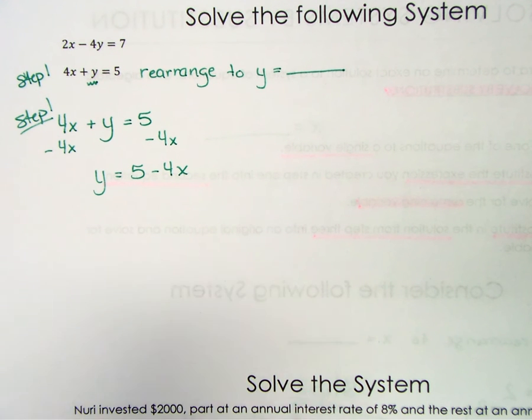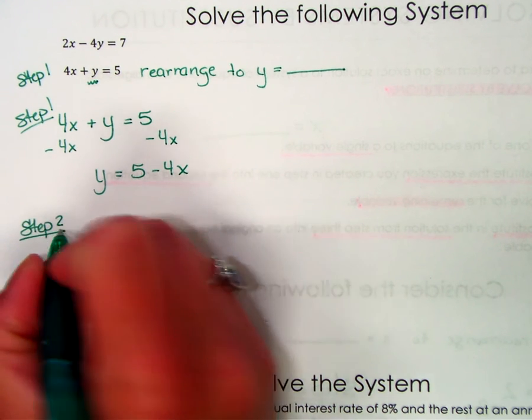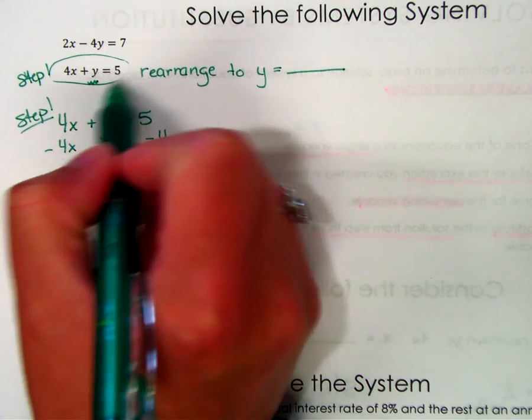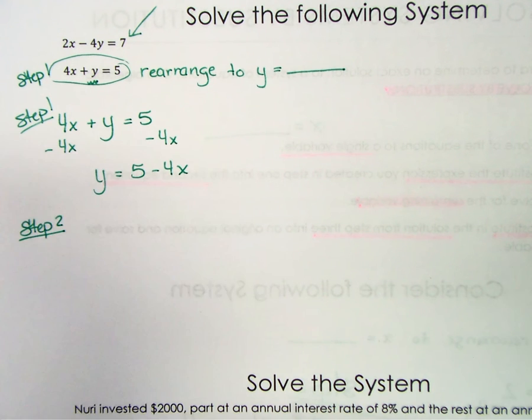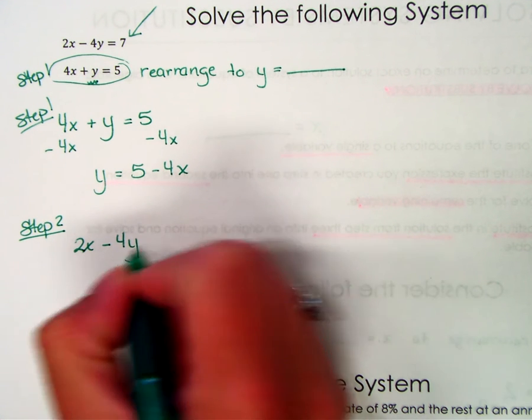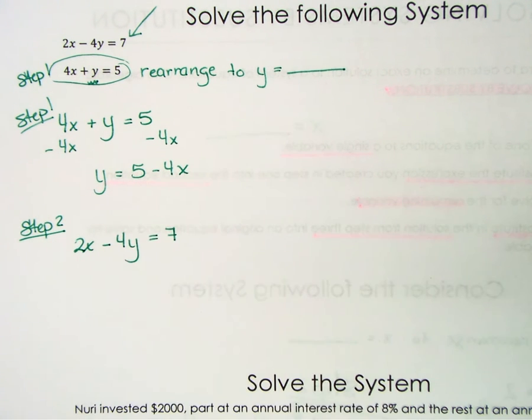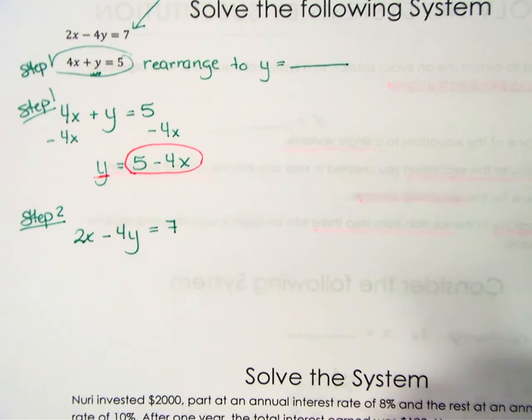Okay, so step 2 involves the other equation. So if you rearrange this one, then you must use the other equation for step 2. So that's your 2x minus 4y equals 7. So what you did was you said that instead of writing y, this is equal to it.